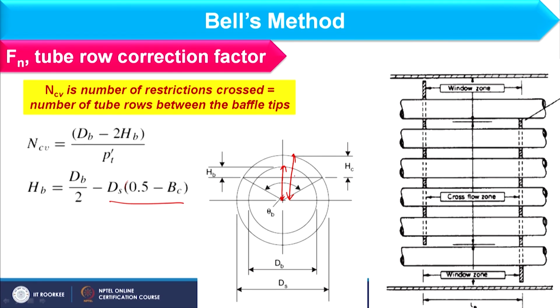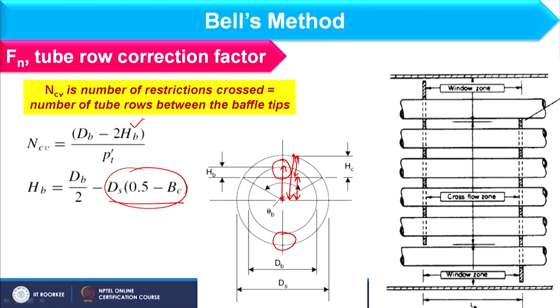BC is this factor. So, HB is 0.5 minus BC into ds, that is basically this section. And if I remove this section from bundle diameter, I can find HB value, and HB value twice I have to use because NCV should be obtained between two baffle tips.